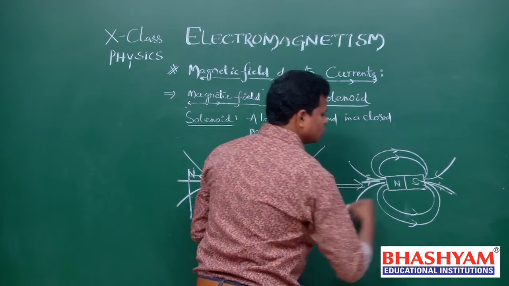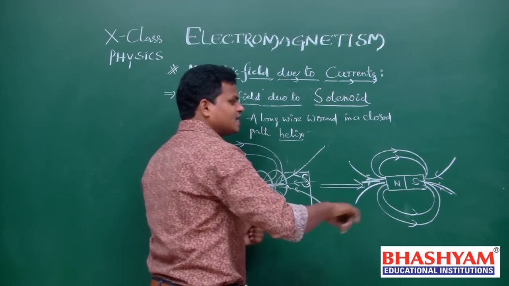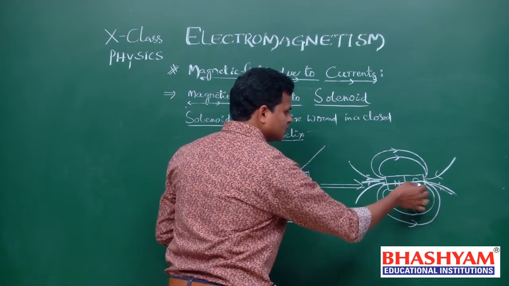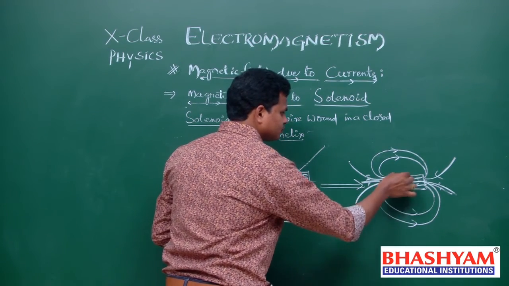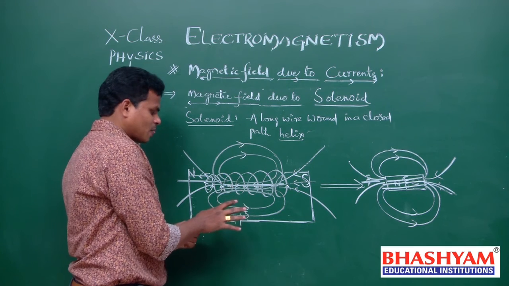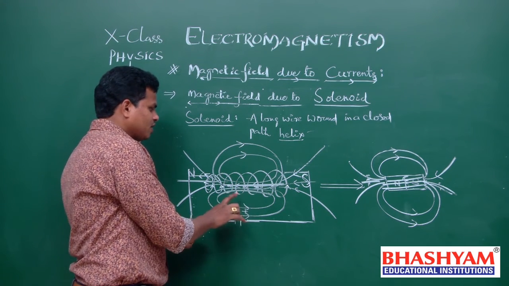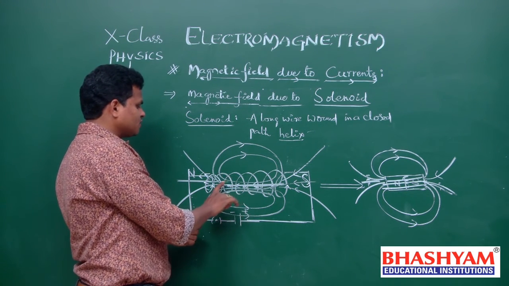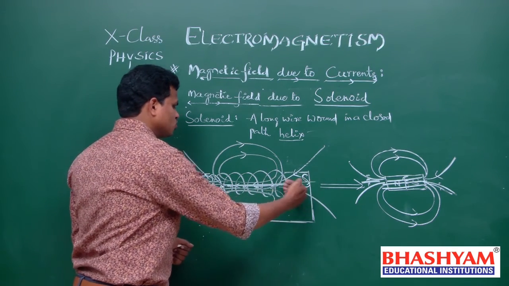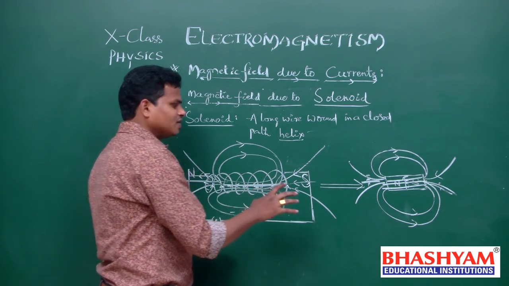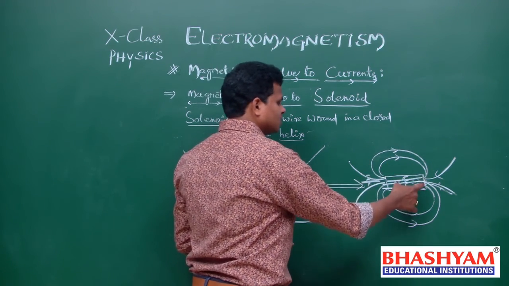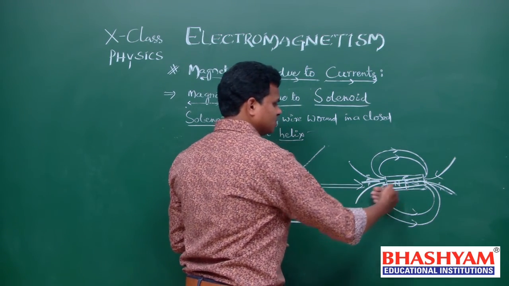This is inside, south. Now inside the bar magnet, the field lines are from south to north. Observe once here. For the solenoid, outside the solenoid, the field lines go from north to south. Inside, south to north. Similarly, outside the bar magnet, the field lines go from north to south, inside south to north.